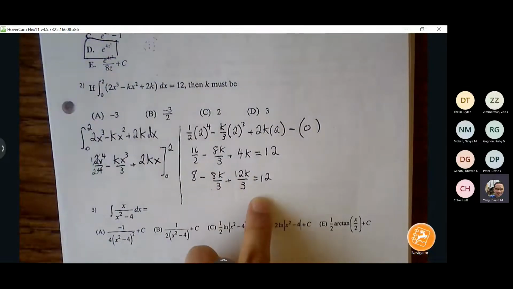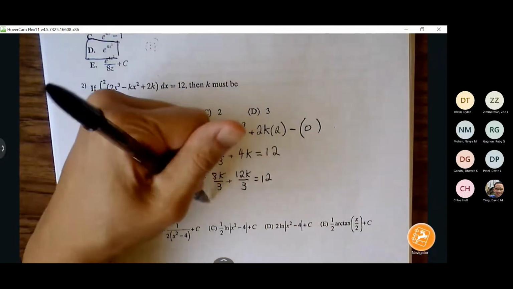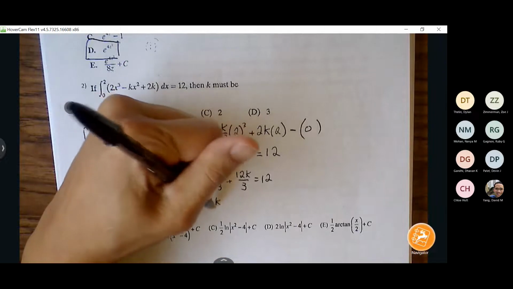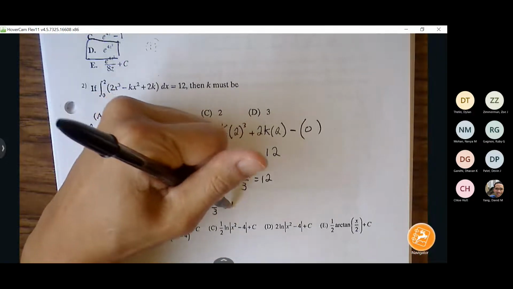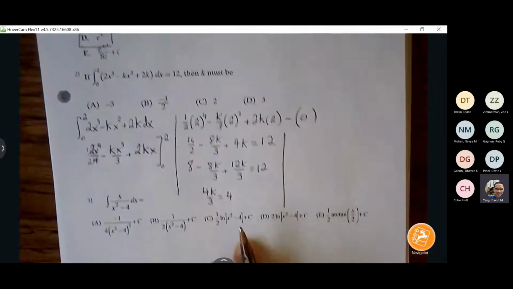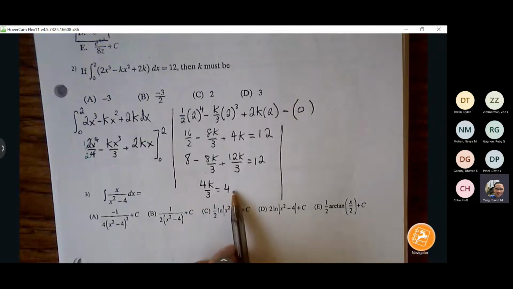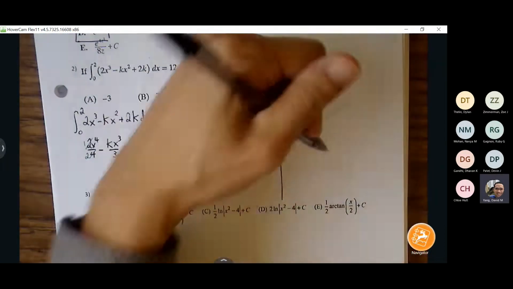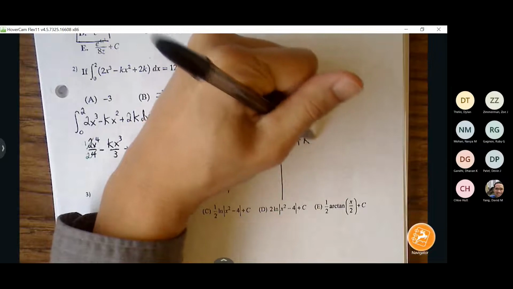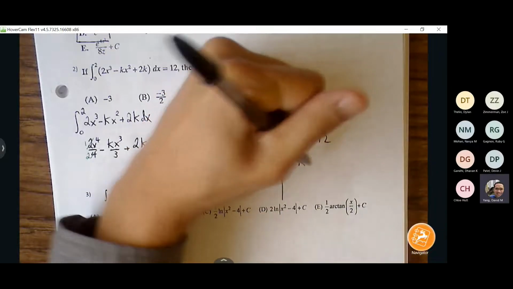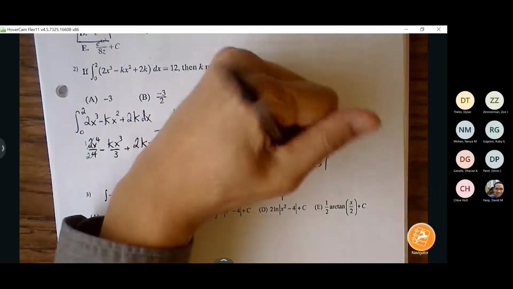Okay, combine like terms, 12 minus 8 is 4. All right, so we can solve for k here. If I cross multiply, I'll multiply the 3 over to the other side, 4k equals 12. Divide both sides by 4, k equals 3.